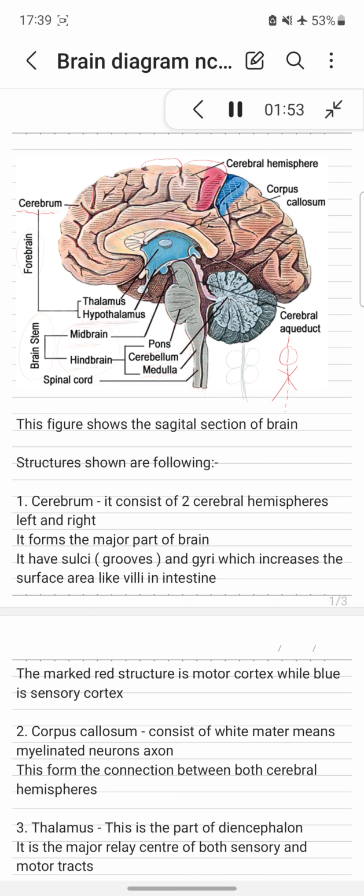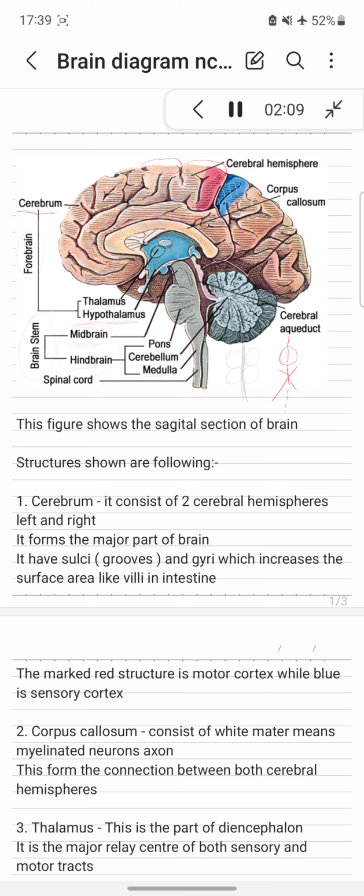Next structure is the thalamus. Thalamus is part of the diencephalon. Its major function is that it acts as the relay center.